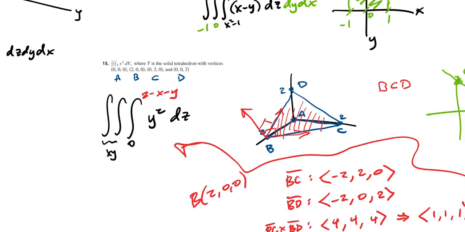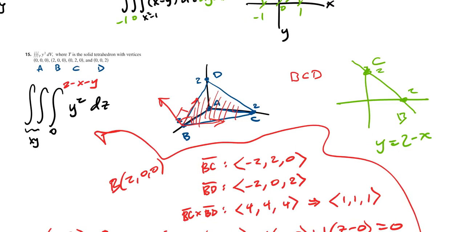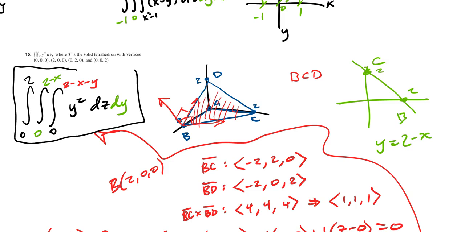So y is going from 0 to 2 minus x, and then x is going from 0 to 2. And so that is my answer right there, and you just evaluate it from there. This is dx.